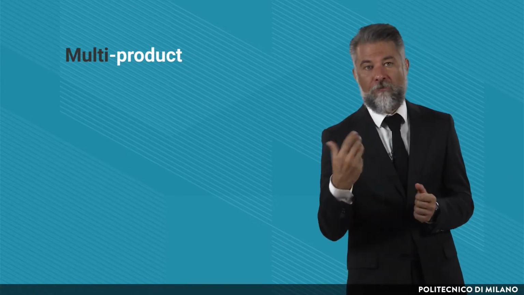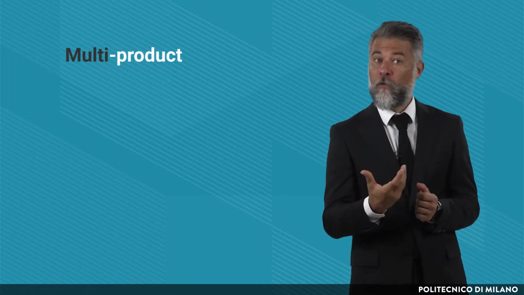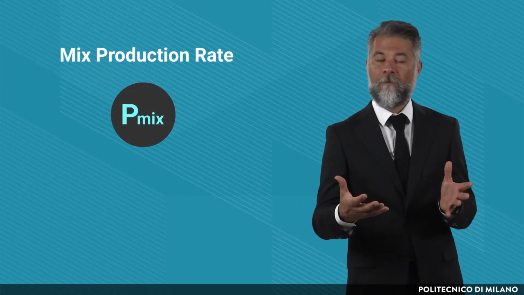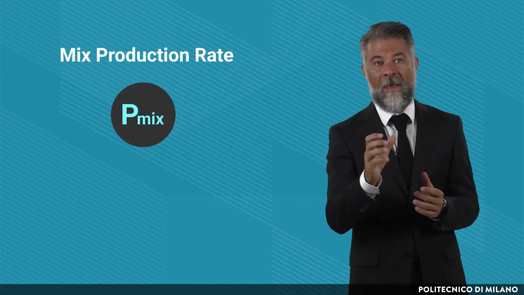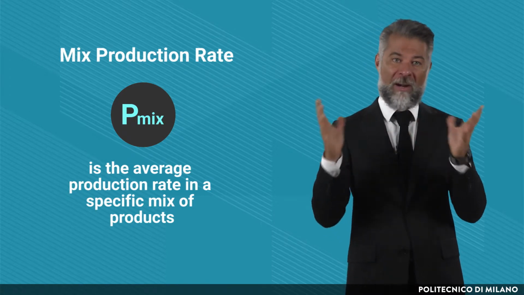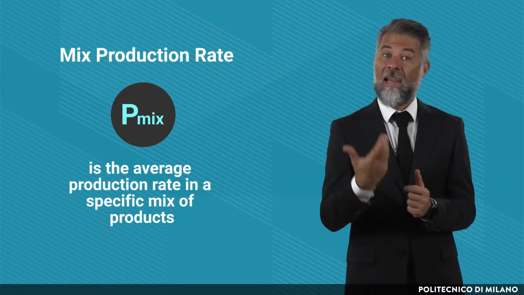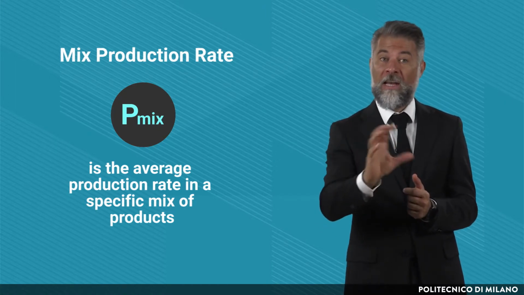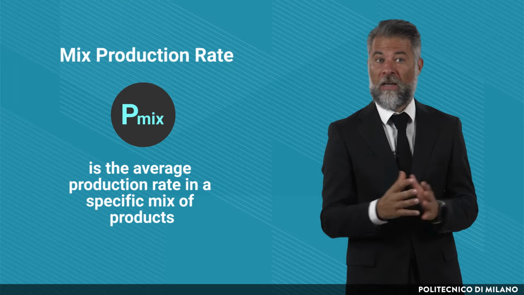In a multi-product setting, it is useful to refer to a mix production rate, P mix. The P mix is the average production rate that allows a plant to produce a certain total production in a specific mix of products.